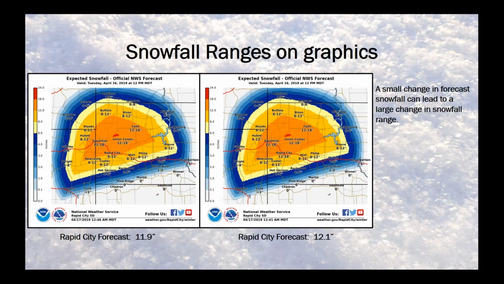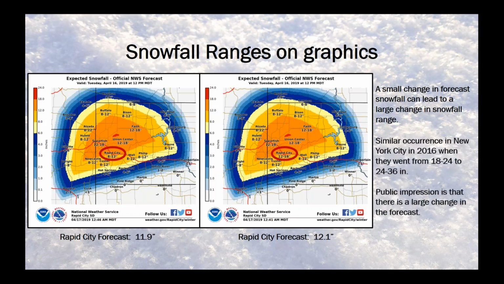Another thing we talk about is snowfall ranges on graphics. As all of you know, the ranges are determined specifically by the color bar on the left. That's what determines whether you're 8 to 12 or 1 to 2: what color you are. But the public doesn't really know that.